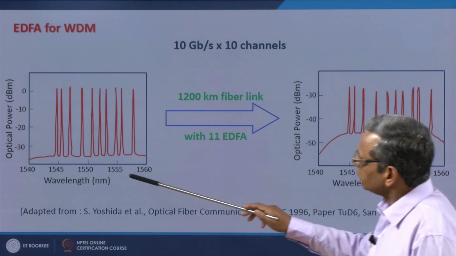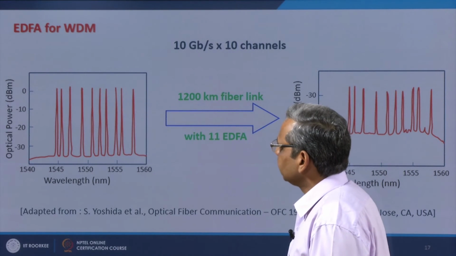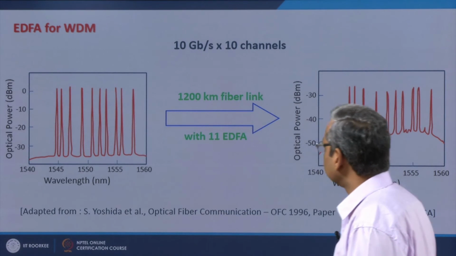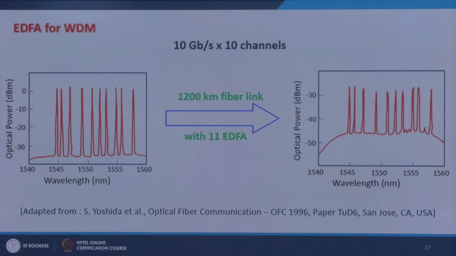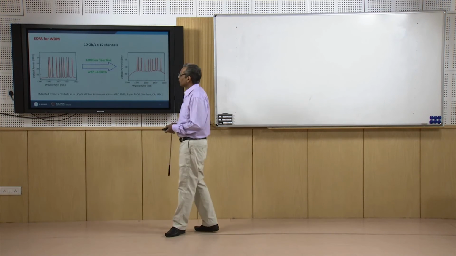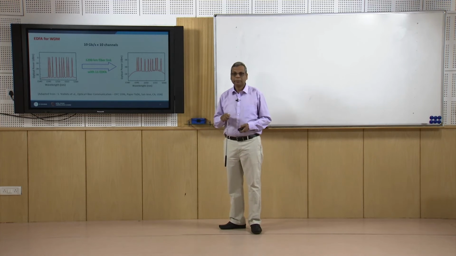So, this is the input spectrum of the signal. You have 10 wavelength channels, and after 1200 kilometer of fiber using 11 EDFA, this is the output. So, you can see that using WDM you can multiply the capacity of the same fiber many folds.